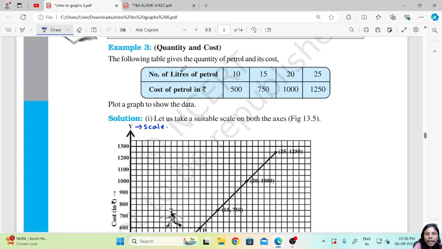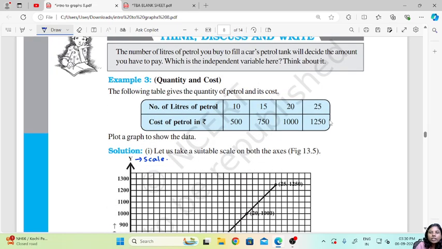If you look at the liters, it is starting from 10 to 25. If you have to plot it on a graph, it is always advised to plot it like this: if this is my A and this is my B, you plot it in the range A minus 5 to B plus 5.